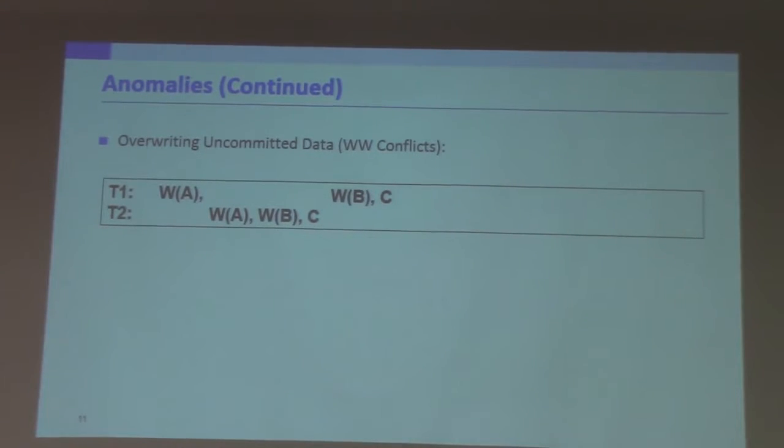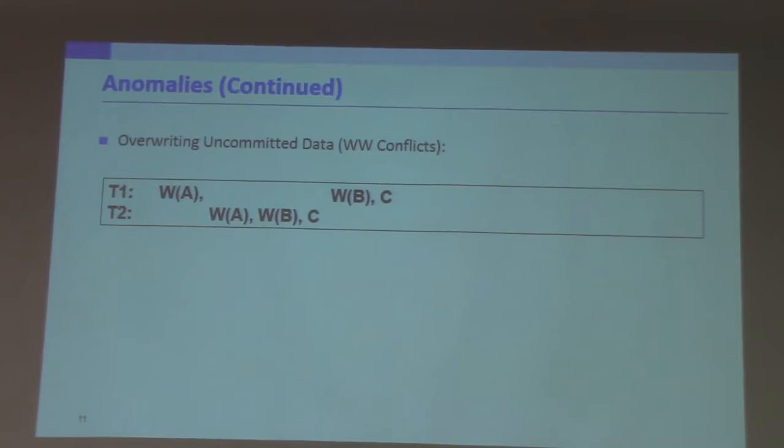The potential challenge of allowing WW conflict is that it's no longer a serializable schedule. It cannot be equivalent to one of the two serial schedules. What are the two serial schedules here? T1, then T2, or T2, then T1. In the first case, what's the final value of A and B? Well, the final value of A and B are determined by T2. What about the second case?